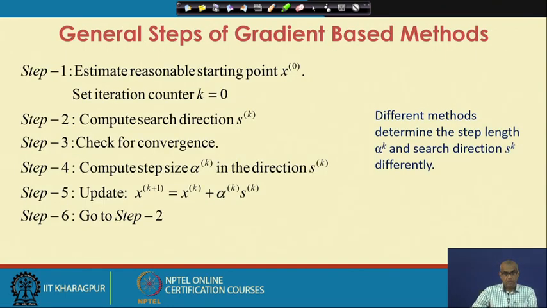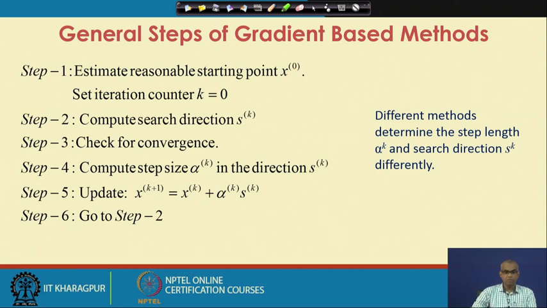Now, here is the general step of any gradient based method. So, all the gradient based methods can be represented by a sequence of general steps as shown on the slides.